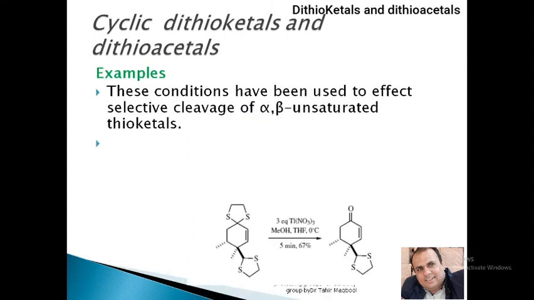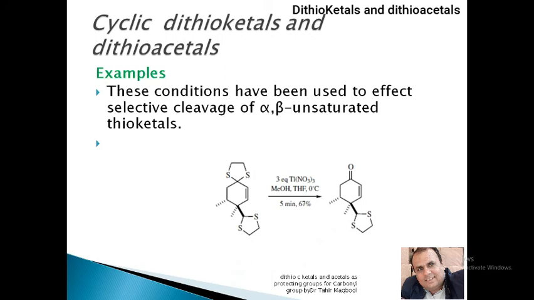Here is another example. Here, if you look carefully, we have two groups which are protected, but selectively this group has been deprotected. Basically this is selective cleavage of this alpha beta unsaturated thioketal. This is done by using 3 equivalents of thallium nitrate in methanol, THF, and 0 degrees Celsius.